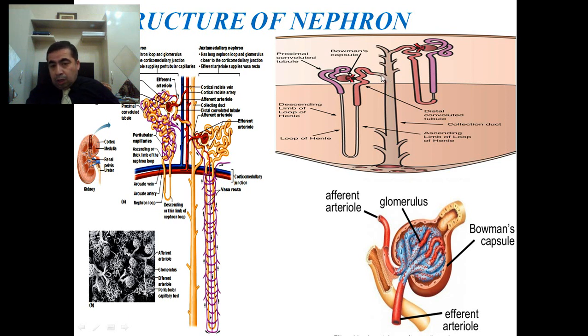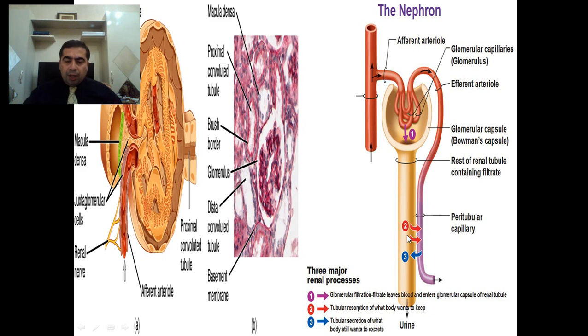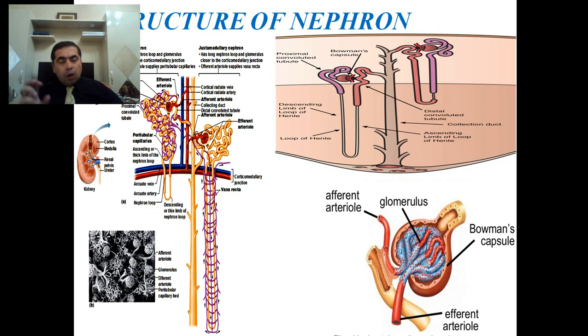collecting tubule. Up to the collecting tubule, all these structures are known as the nephron, which is the morphofunctional unit of the kidneys. There are 1 to 2 million nephrons in each kidney. The glomerulus and the capsule of the glomerulus together form the corpuscle of the kidneys.